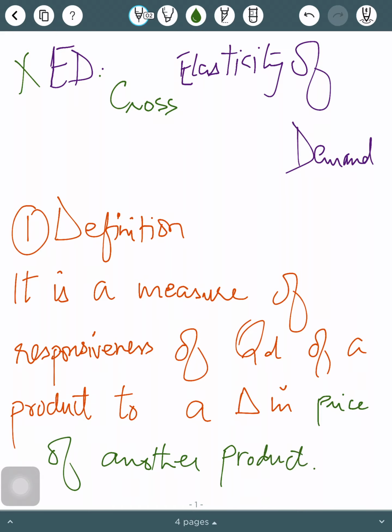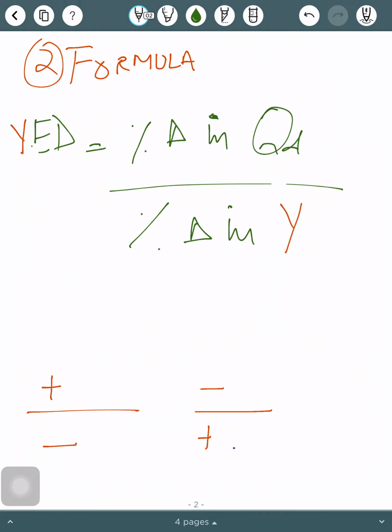Again, cross elasticity of demand is the measure of responsiveness of quantity demanded of a product to a change in price of another product. So we have got product A, its price changes, and as a result of that, the quantity demanded of product B changes. Let's first look at the formula and then we'll discuss a few practical examples.